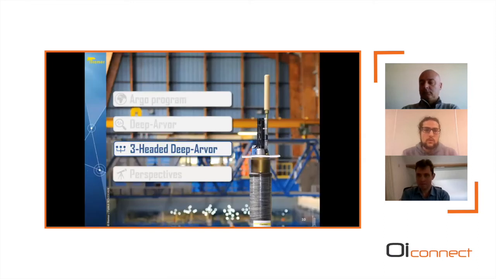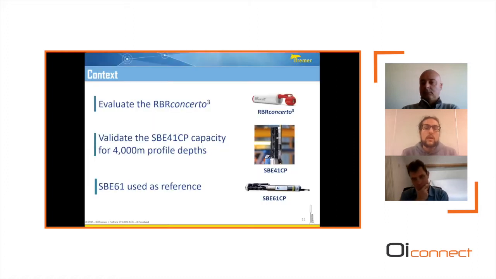Now I'm going to talk about the Threeheaded DPower. And I will start once again with a little bit of context. As I said during the first slide, there is mainly one supplier for all the profiling floats, which is Seabird with its SB41 and SB61 CTDs.